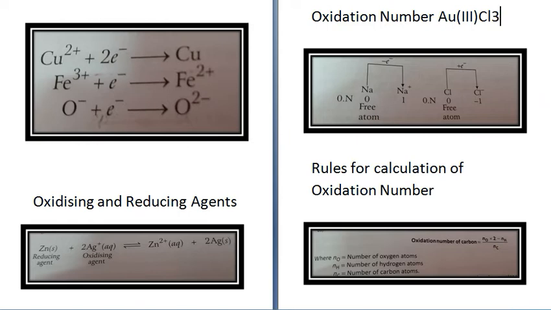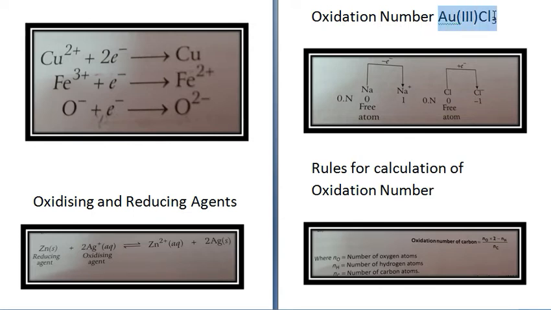For example, let me just show you an example. Au(III)Cl3. Within brackets, we write in Roman numerals the oxidation number of Au, gold. The oxidation number of gold is 3, so in Roman numerals we have written III and then we write Cl3.